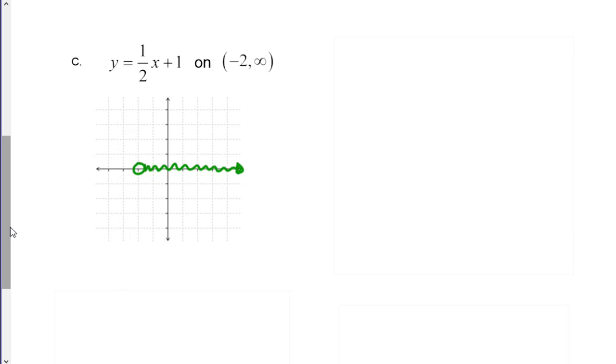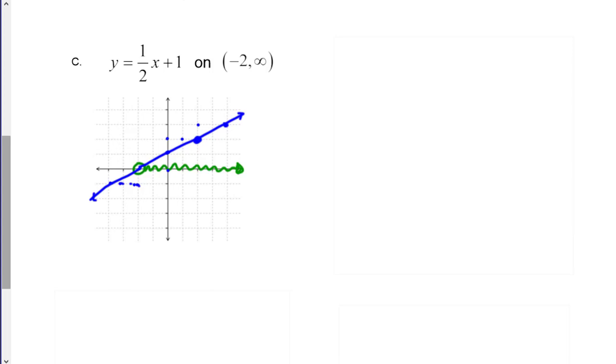Now if I had graphed this function normally, positive 1 is my y-intercept, and my slope is 1/2. So if I go up 1 over 2, up 1 over 2, and down 1 back 2, down 1 back 2, then this would have been my line originally.